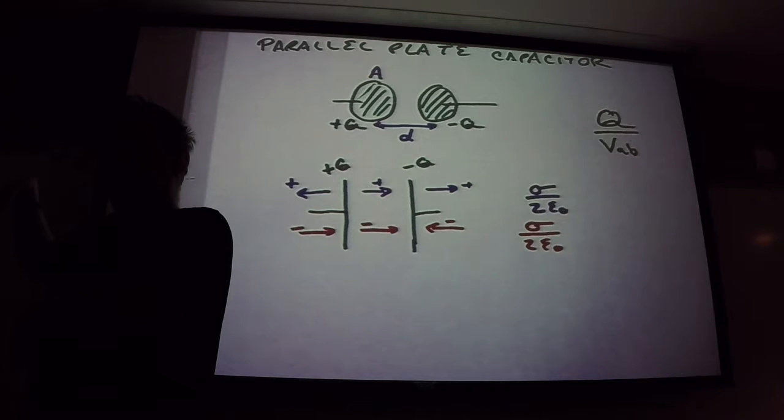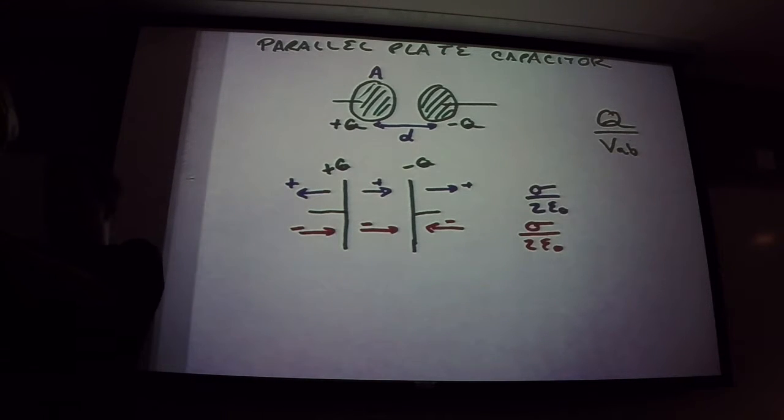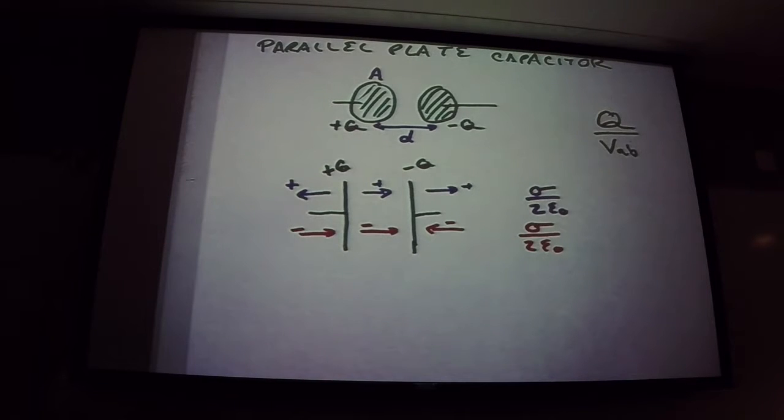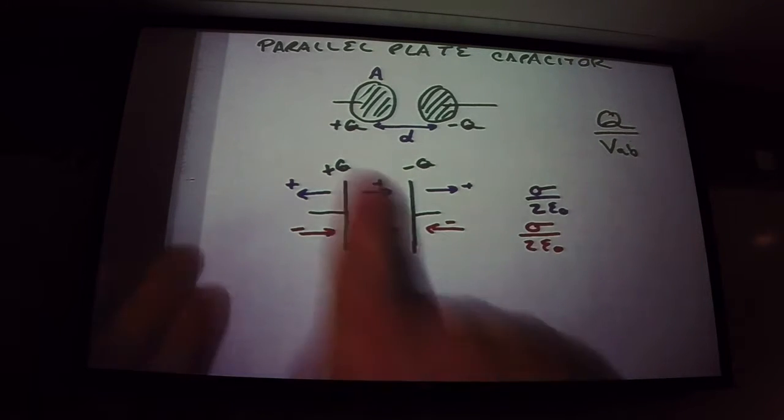That's not what you want to happen. You want the electric field to be pretty much contained between those plates. There's a little bit of edge stuff going on because they're not infinite plates, but for the most part, you've got it nice and stored in here.